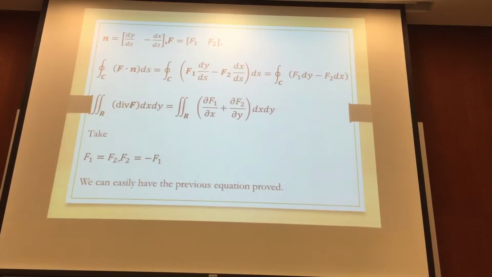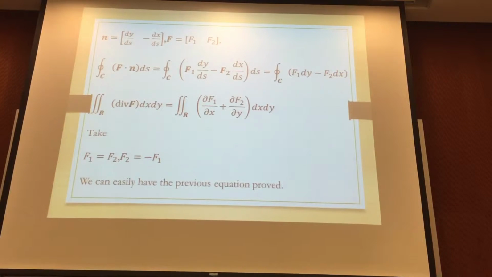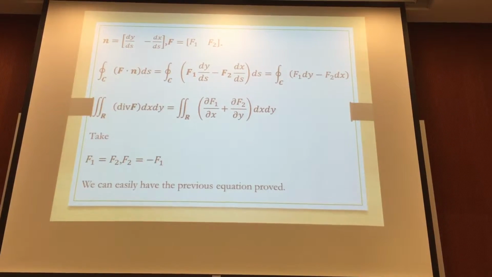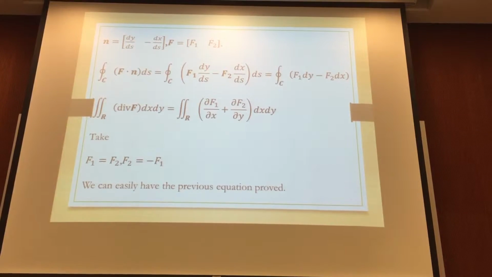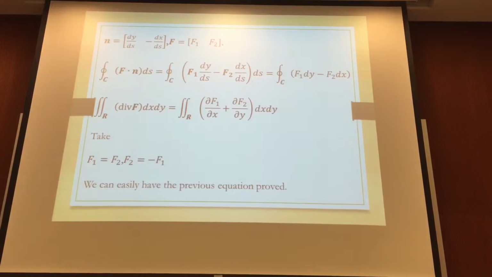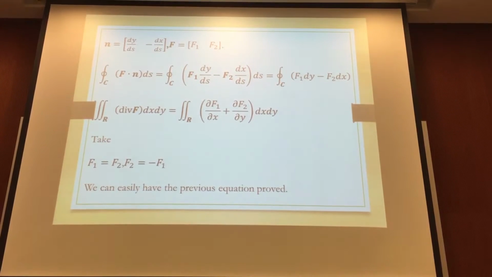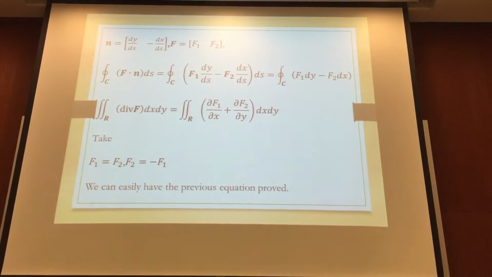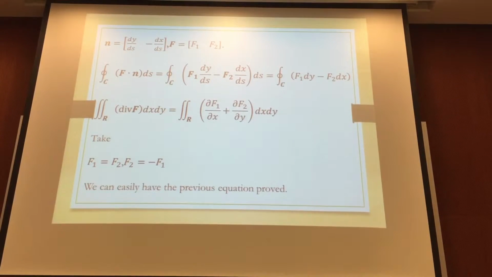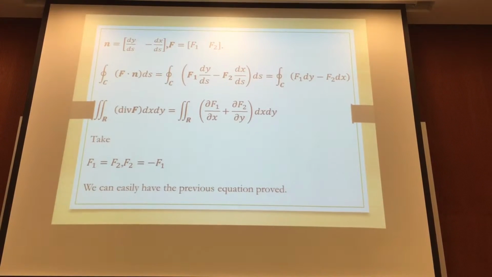The divergence of the vector field is the partial derivative of F1 with respect to x and the partial derivative of F2 with respect to y. And the unit normal vector is dy over ds and minus dx over ds.